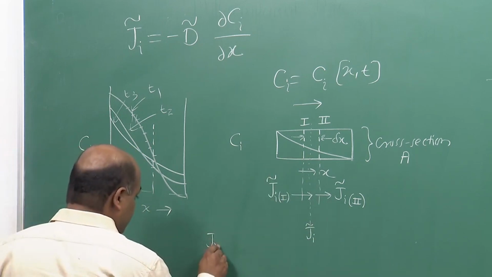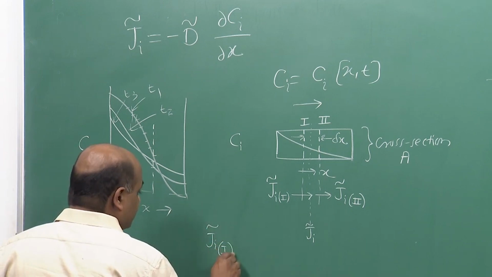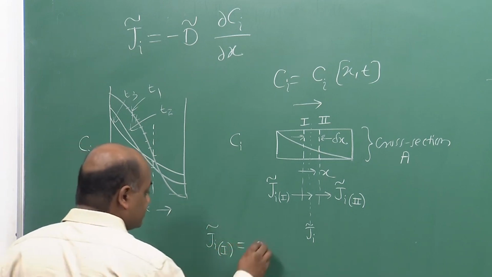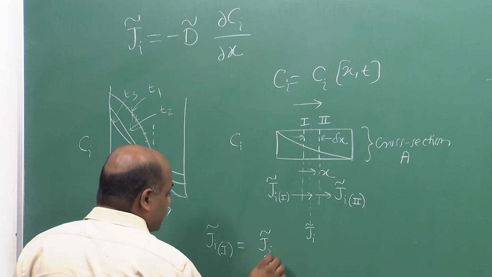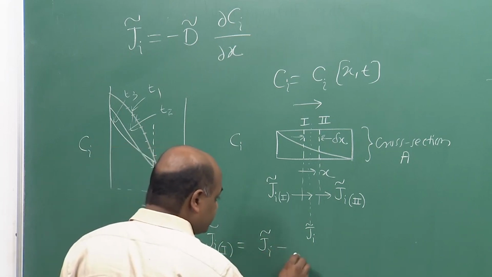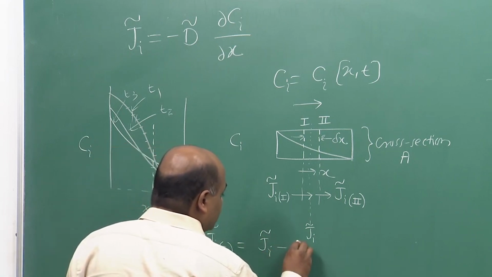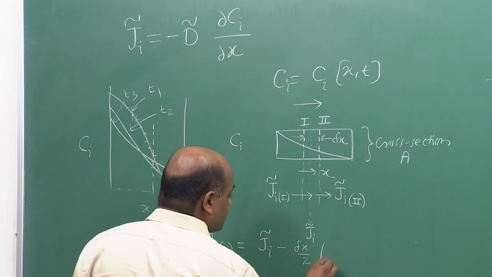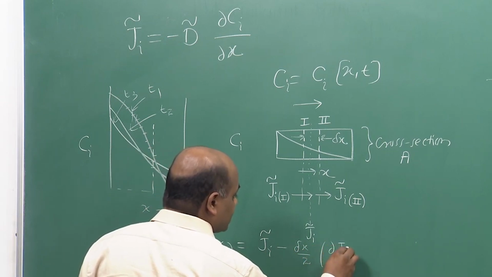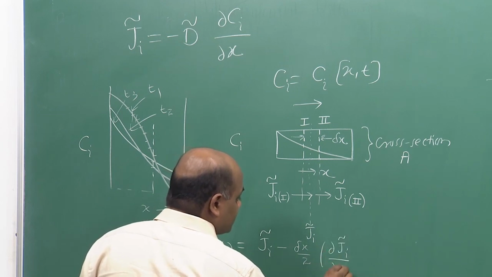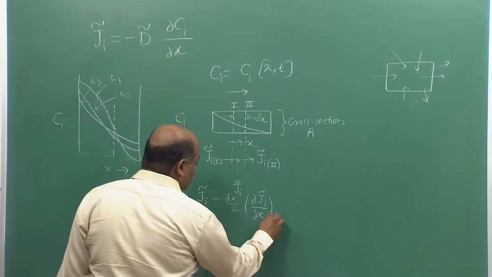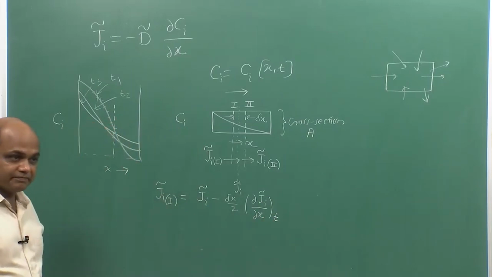So, I can write J I tilde at 1 is equal to J I tilde minus delta x by 2 times the gradient of flux, dou J I tilde by dou x, at this given time t.